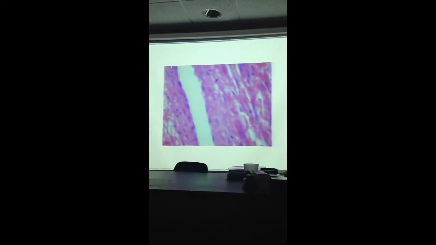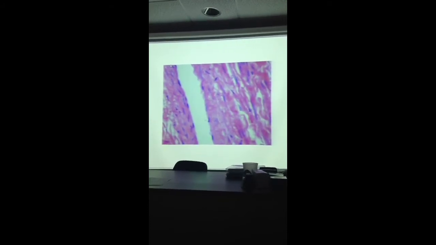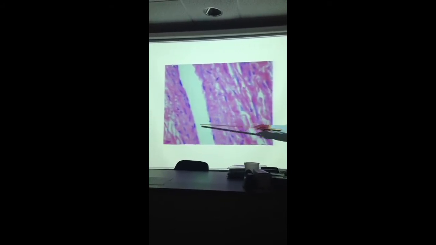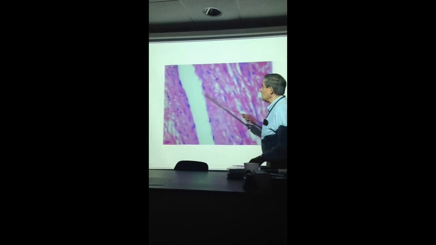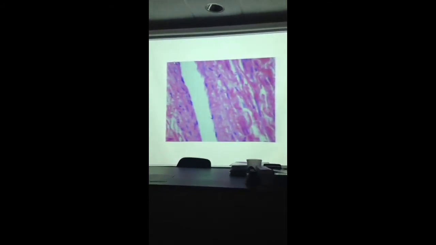And what is this? It's a blood vein, okay? Again, look at the nuclei. Flattened, single layer. This is a vessel, and it's a blood vessel, and it is a vein.